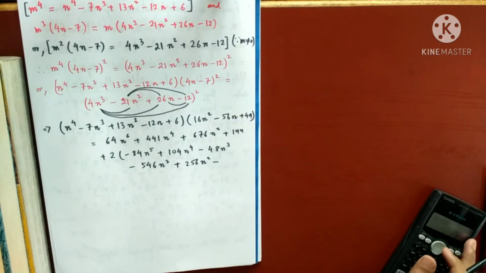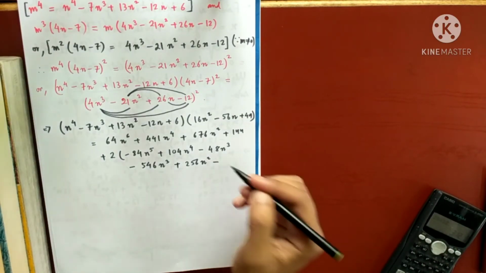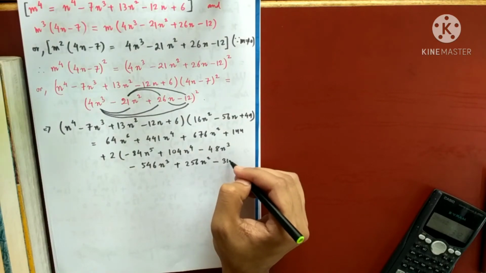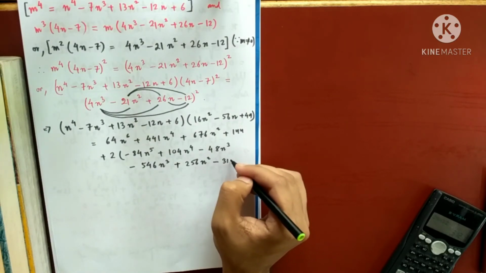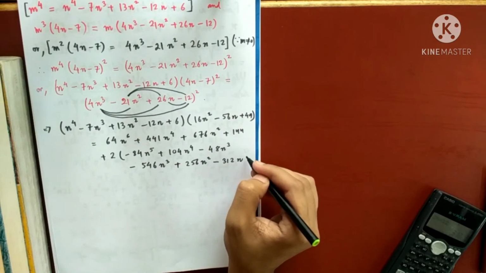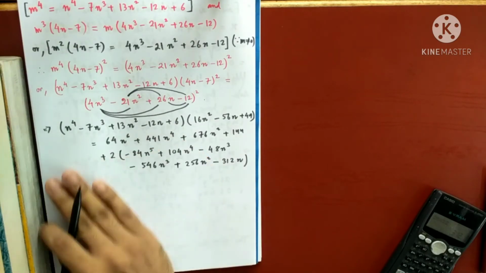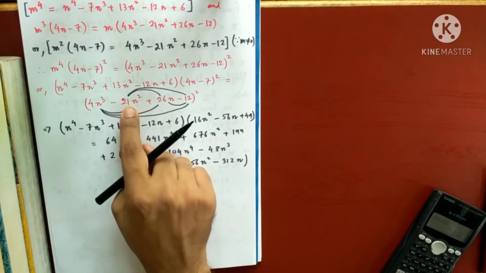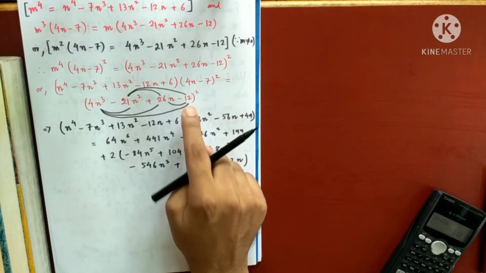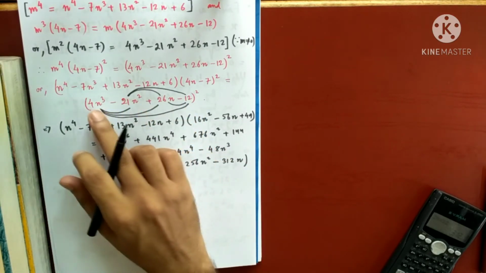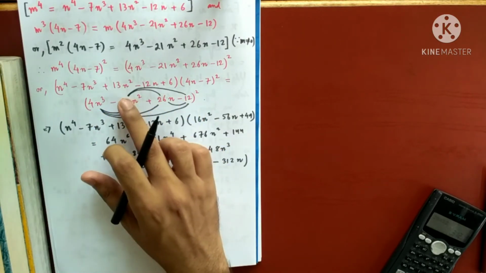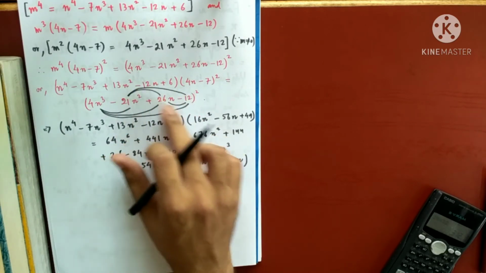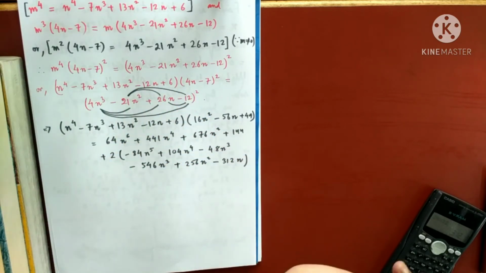So minus 26 into 12, 312. So minus 312 n, and bracket close. So the formula is a square plus b square plus c square plus d square plus 2 times (ab, ac, ad, bc, bd, cd). So this is the formula that I have applied on the right hand side.